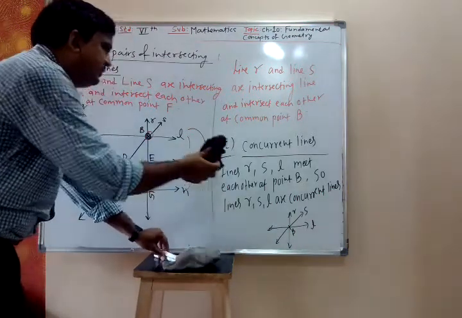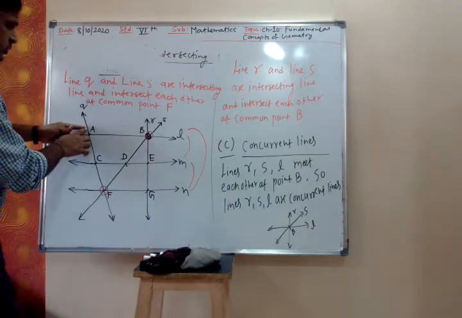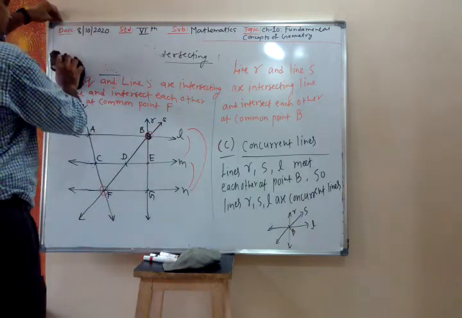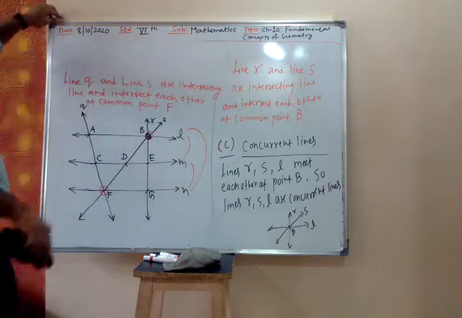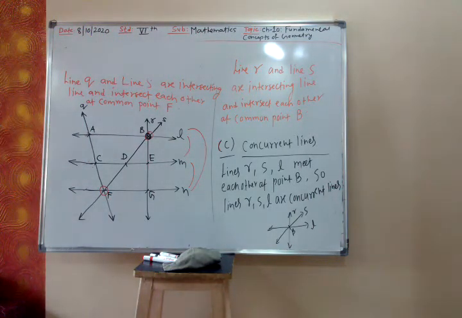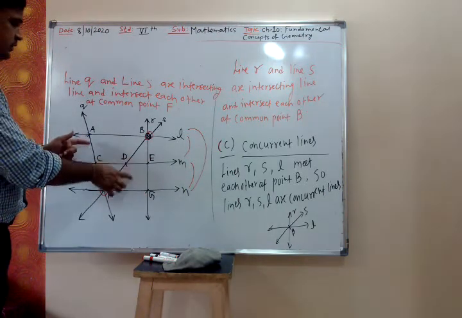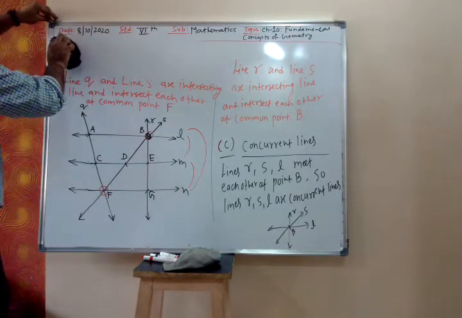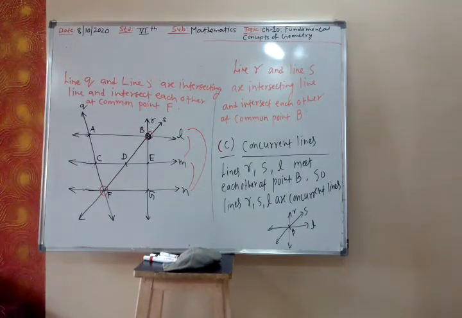Now we take the second example. You can take the second example as Q, S, and N. We take the next example as Q, S, and N. Three lines, 1, 2, 3, they meet each other at common point F. It is clear, right?